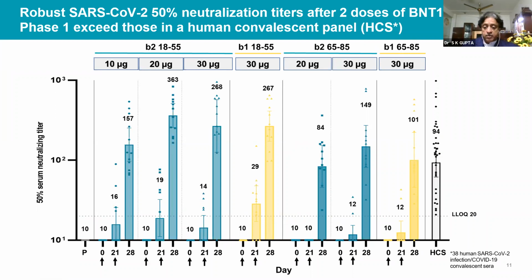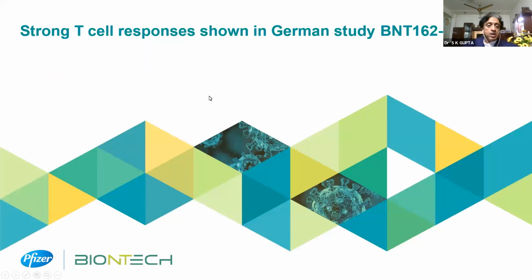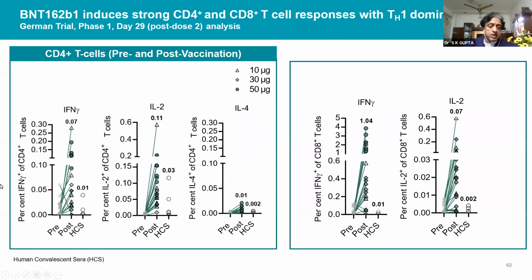They had a wonderful antibody response, and these are the serum neutralizing titers, compared against the human convalescent serum, and you find that the neutralizing antibodies have been really wonderful. Not only that, they have strong T cell responses also. You can see the interferon based CD4 cells and CD8 cells, and they have been really encouraging.